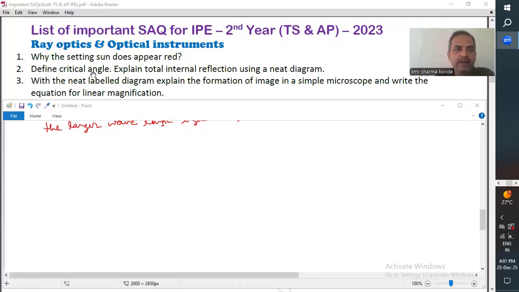The next question is: define critical angle. Explain total internal reflection with a neat diagram. So first, let us try to have the definition of critical angle.